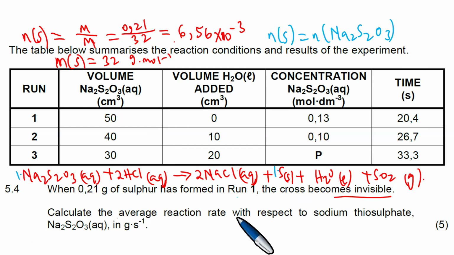We want to calculate the average rate of reaction with respect to sodium thiosulfate in grams per second. So it is exactly this one, 6.56 times 10 to the minus 3.